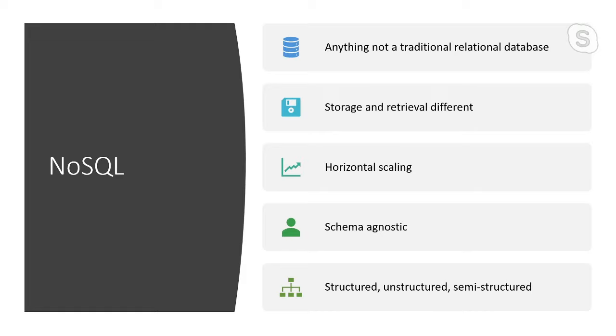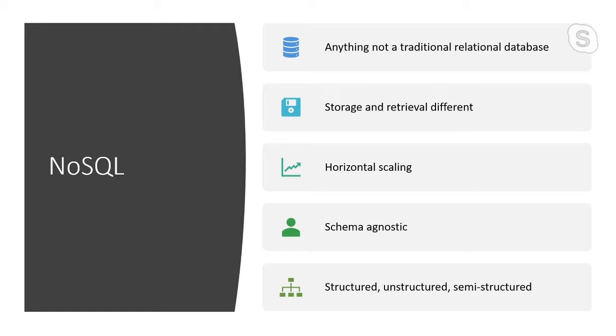So I wanted to start off with NoSQL. I'm not a big fan of the term NoSQL, but I use it for convenience. So what is NoSQL? In my definition, it's a data store that's anything that's not a traditional relational database.